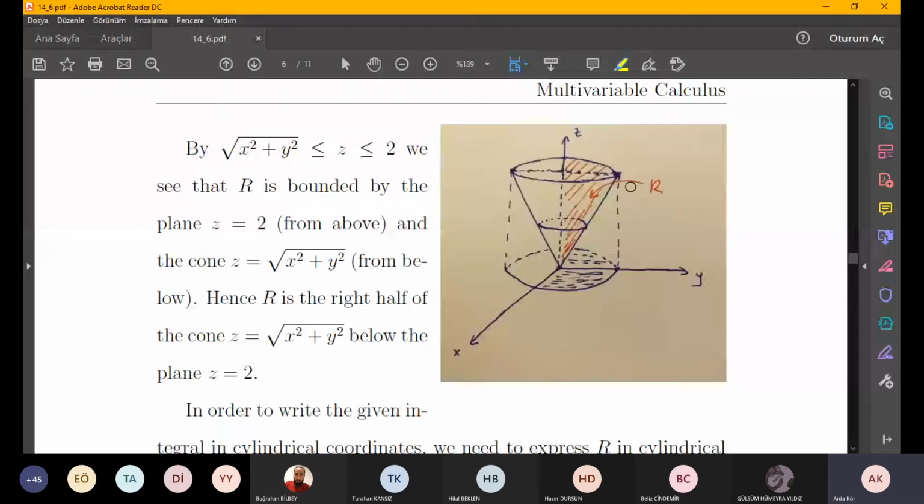So we know the projection of R on the xy plane is that half circle with radius 2.